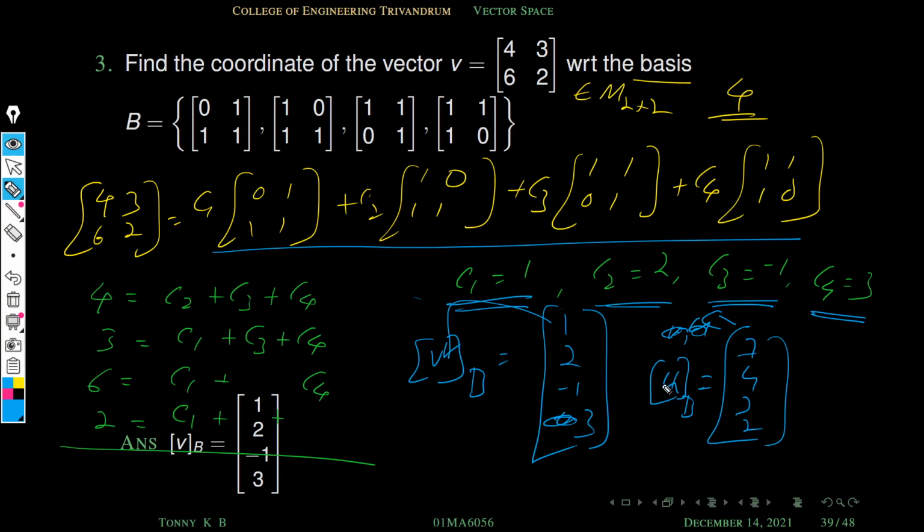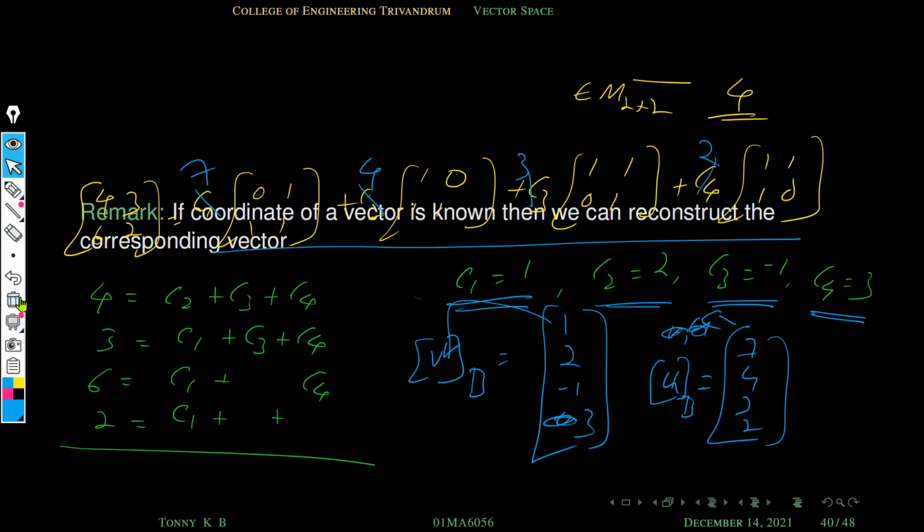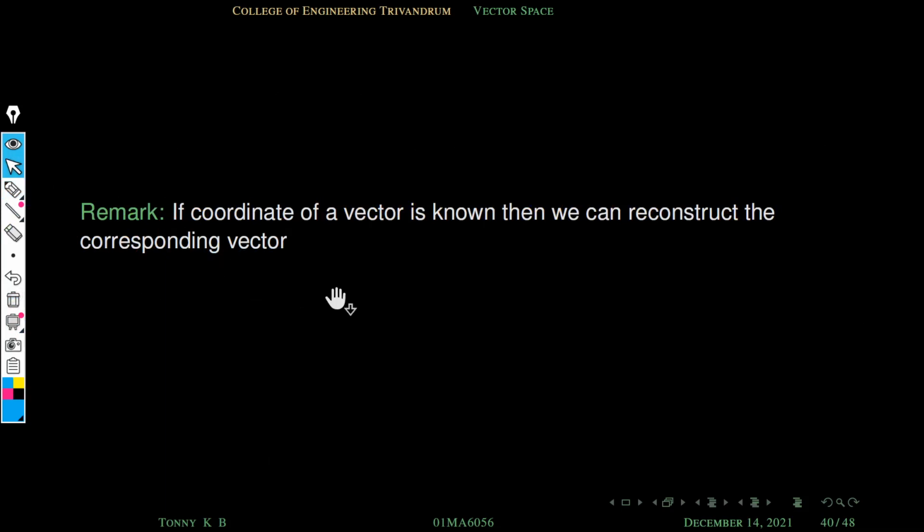Then you can construct u. You simply take 7 times the first one plus 4 times the second plus 3 times the third plus 2 times the fourth. This gives the corresponding vector. So this is another advantage of the coordinate: if the coordinate of a vector is known, we can reconstruct the corresponding vector.